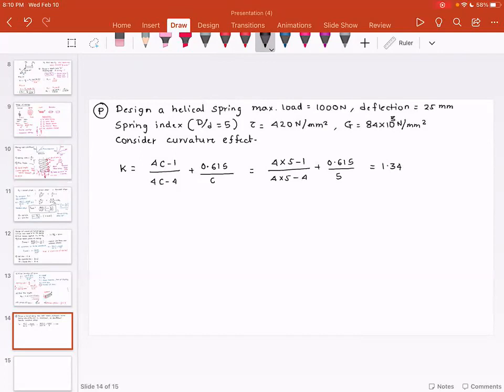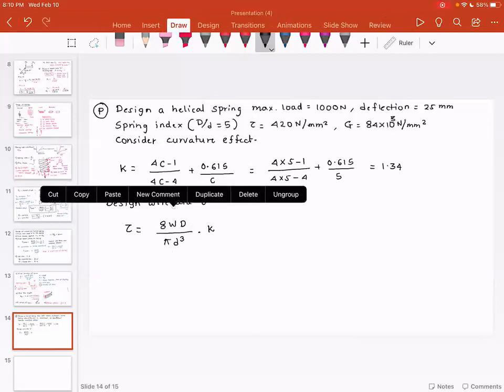Now, step 1, design a wire diameter, which is d. Tau is equal to 8 W D divided by pi d cube times K, where K is the Wahl factor.